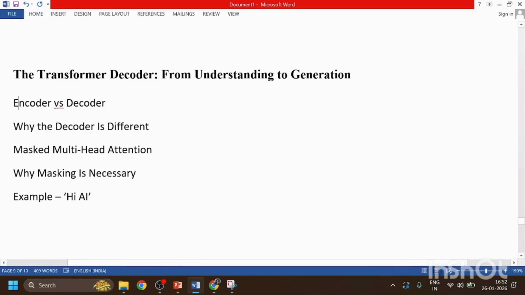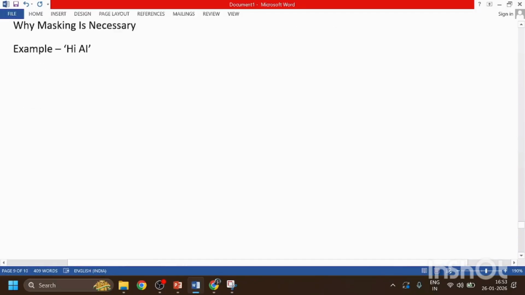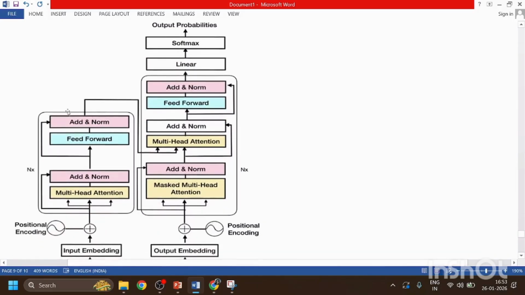Now we are going to understand encoder versus decoder. This part of the diagram is the encoder, and this part is the decoder, and the whole architecture is the transformer architecture.